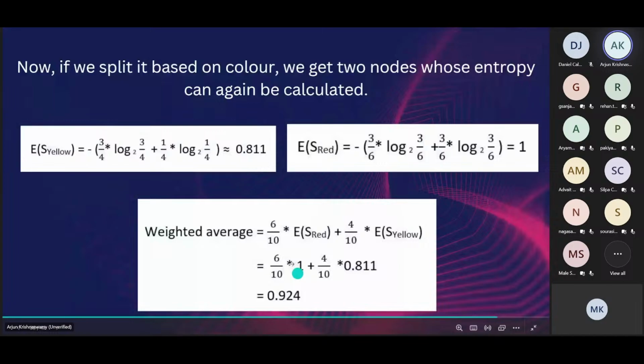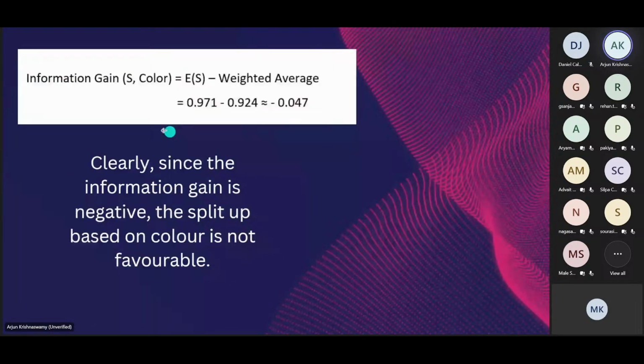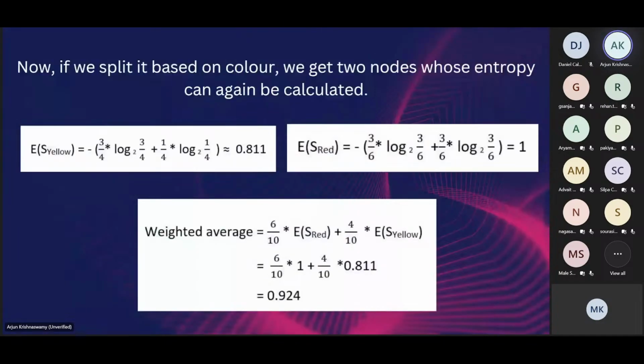So the information gain here is 0.971 minus 0.924, which is 0.047. That is the information gain we get through this. So when we perform our split, we are gaining a little bit of information, so it makes sense to split it based on its color.